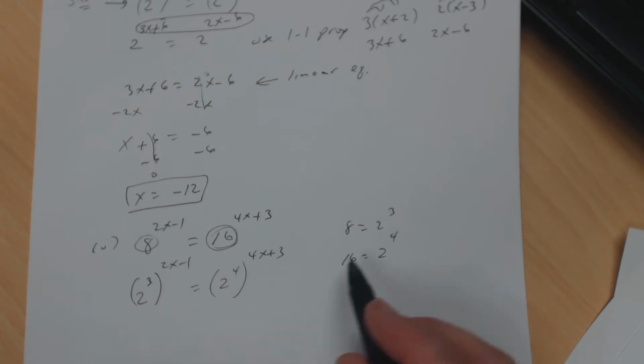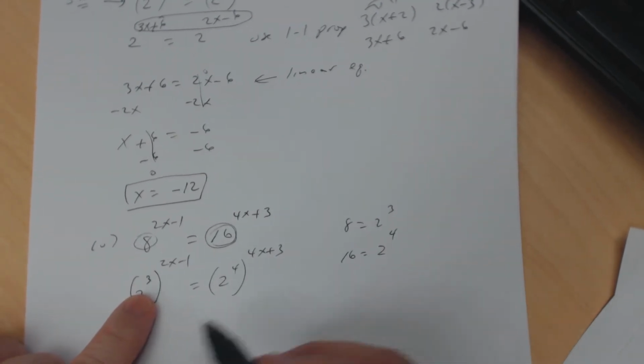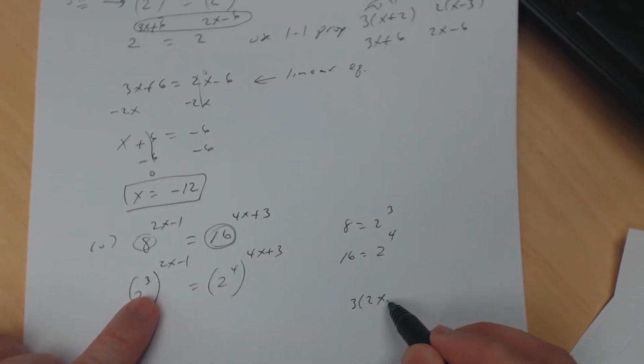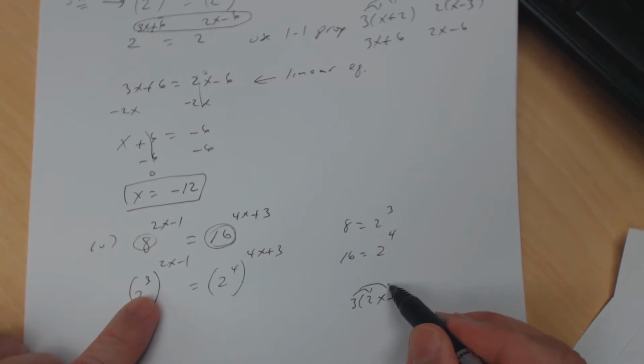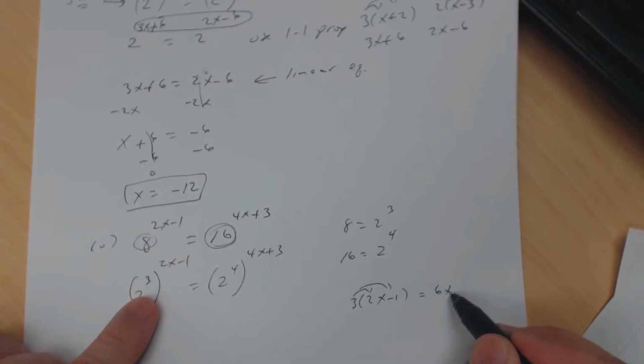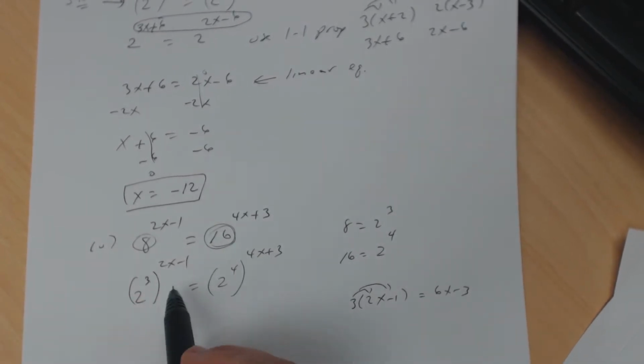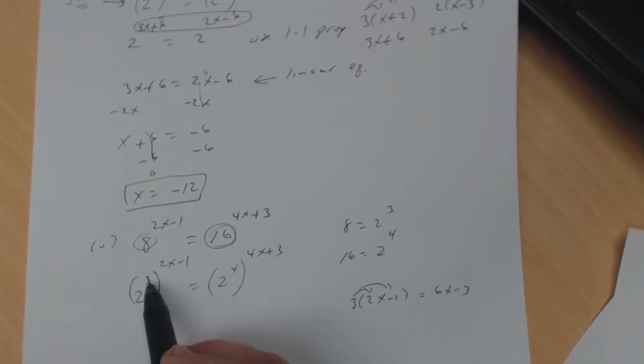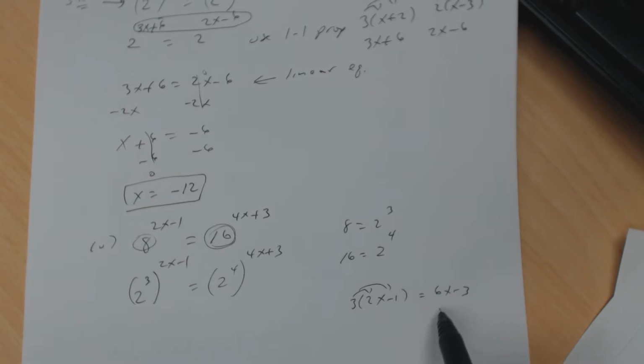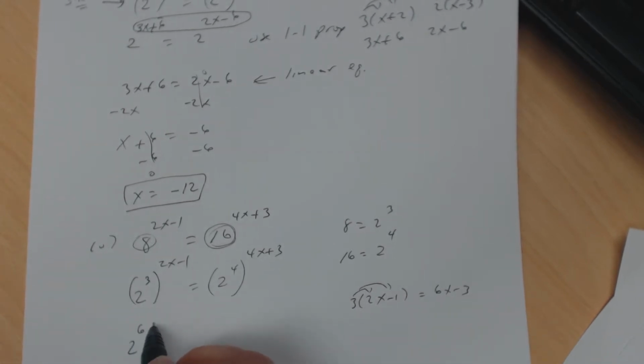Here, remember what's happening in your mind. You're saying 3 times 2x minus 1, and then you distribute, and you get 6x minus 3. You can just think about it: 3 times 2x is 6x, 3 times negative 1 is negative 3. So this is 2 to the 6x minus 3.